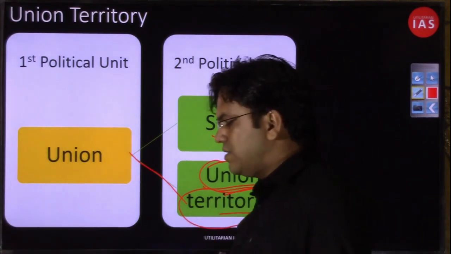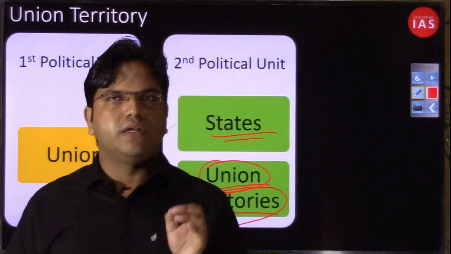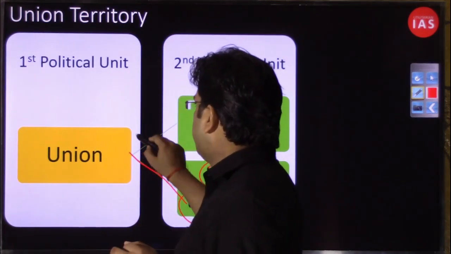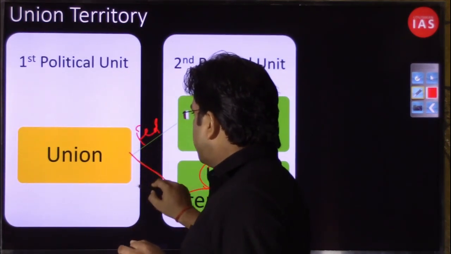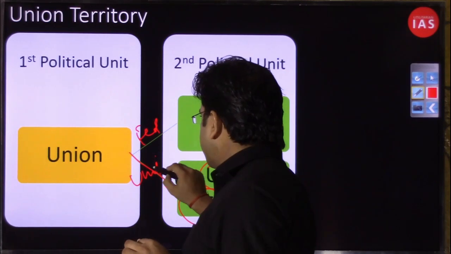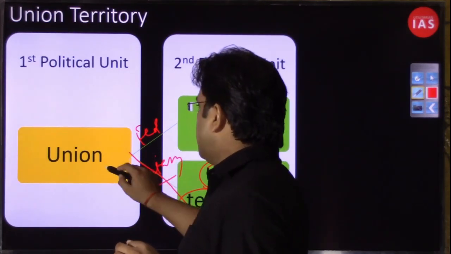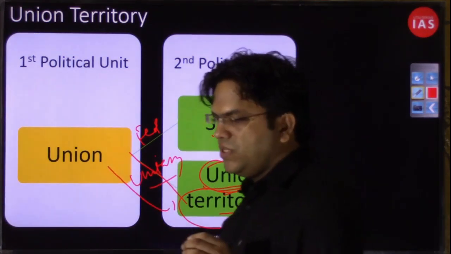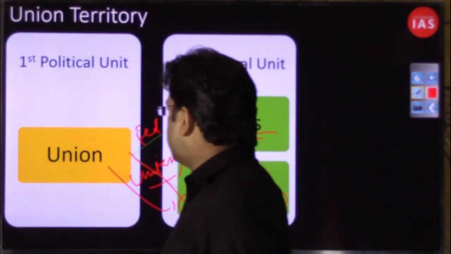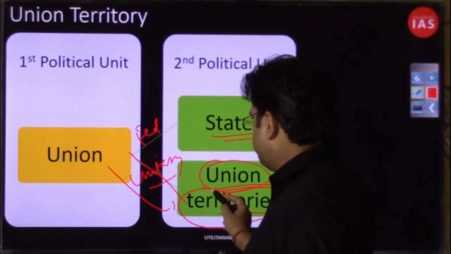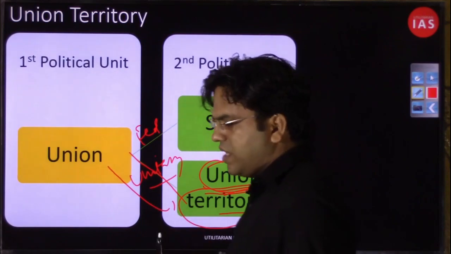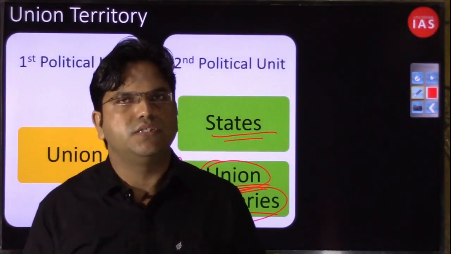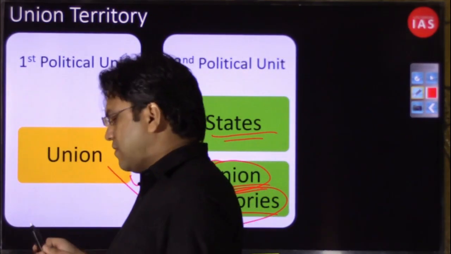With the union territories, the union shares a unitary kind of relation. What is the difference between a federal relation and a unitary relation, right? Here the union is going to direct or legislate on the matter. In the relation of union territories, you have NCT of Delhi, Jammu and Kashmir, Dadra and Nagar Haveli, Daman and Diu.